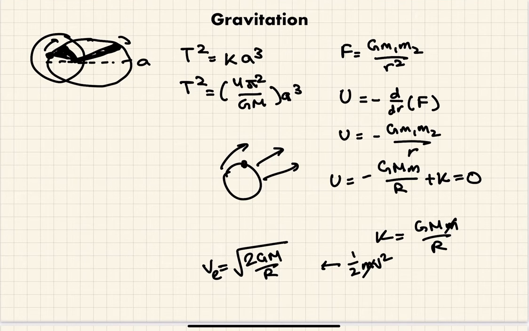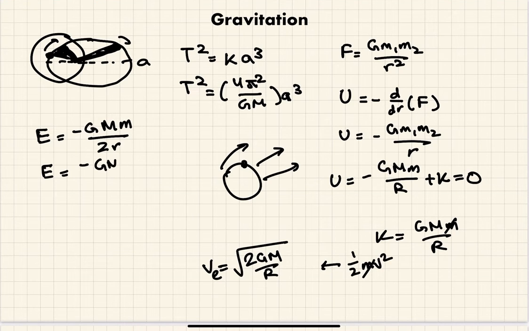Now that we covered all this potential energy and escape velocity, we can get back to satellites. There's a few other types of velocities and things you need to know. One of them is that the total mechanical energy of a circular orbit is going to be equal to negative GMm over 2r, where r is the radius of the orbit.